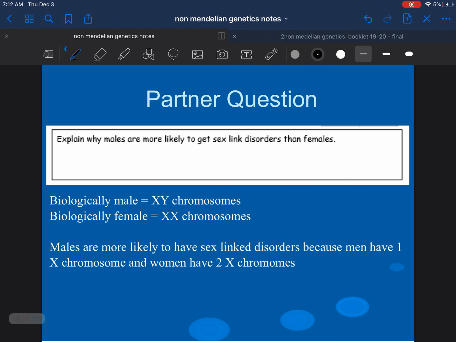Something you could have said is that biologically males are XY and females are XX. So males are more likely to have sex-linked disorders because men have one X chromosome and women have two.